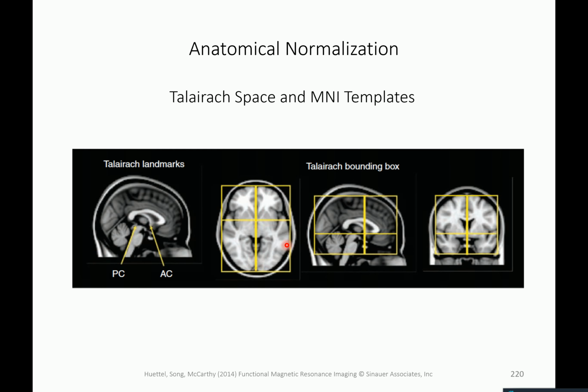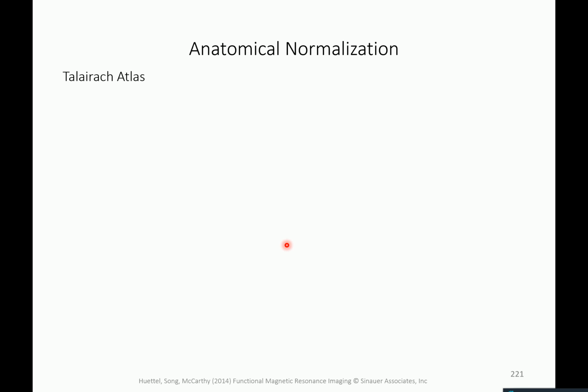And this is, if you have an individual brain, it's completely defined by its origin and the edges of the brain. Now, why was that done, and why is that interesting? Because there's also something called the Talairach Atlas, which is a brain anatomy atlas, which does something like Simon Eickhoff implemented in the SPM anatomy toolbox, essentially without implementing it.